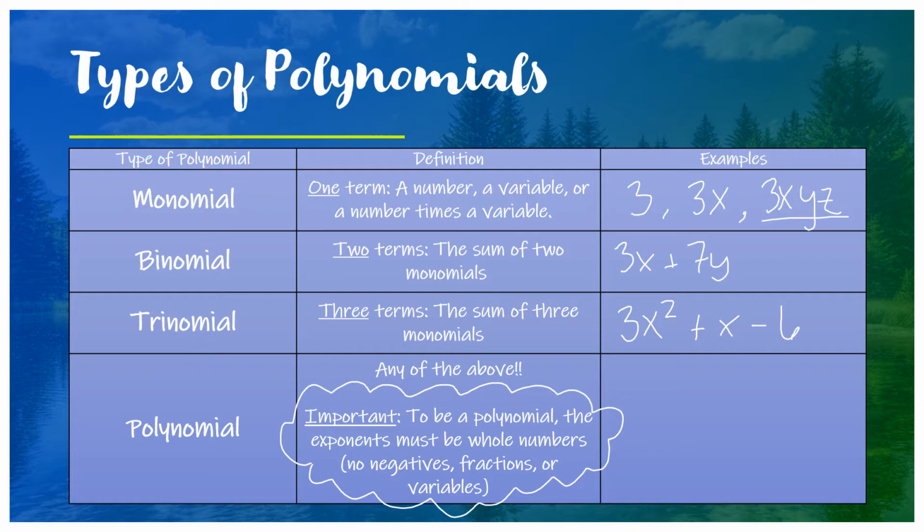That would not make it a polynomial. So we're going to see a lot of exponents, but all of the exponents are going to be whole numbers. So if I go similar to the example above, but I want to make it an extra term, I could do 3x cubed plus 2x squared plus x plus 4, okay? And that would be a polynomial.